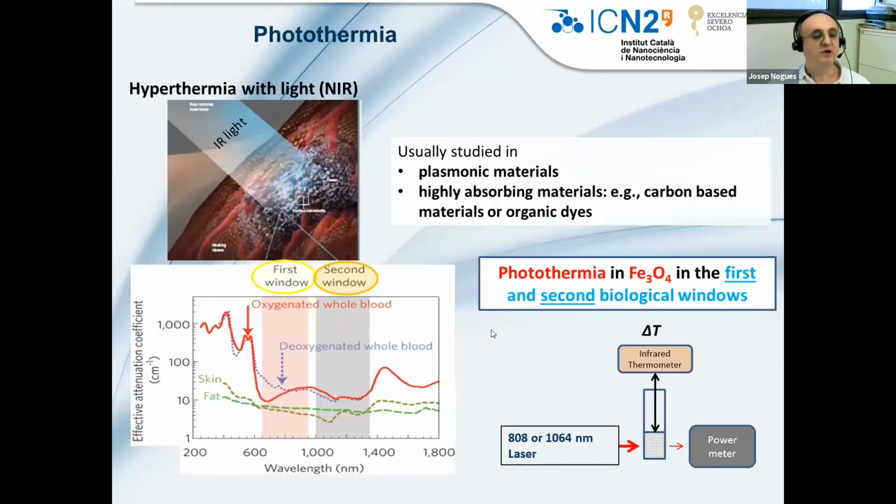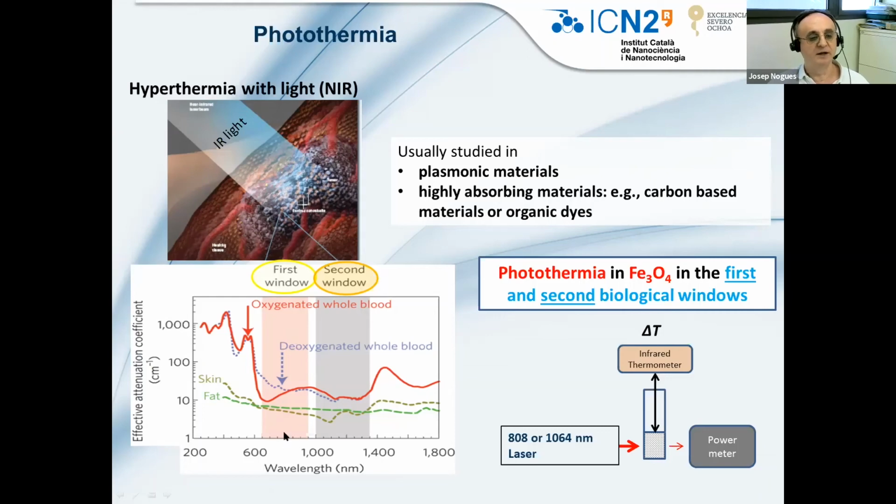So, as I told you, there is another approach to use nanoparticles, which is optical hyperthermia, using near-infrared light. This is usually done with plasmonic nanoparticles or materials like carbon or organic dyes. There are usually two ranges of wavelengths that are used, called the biological windows, which are the wavelengths where human tissues absorb less light.